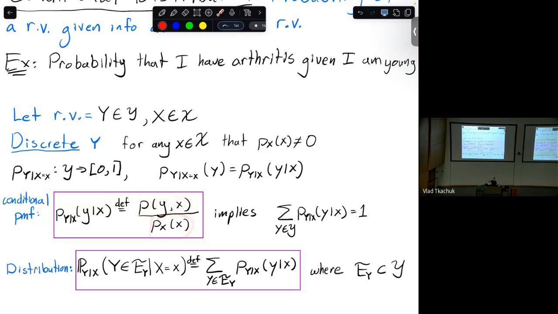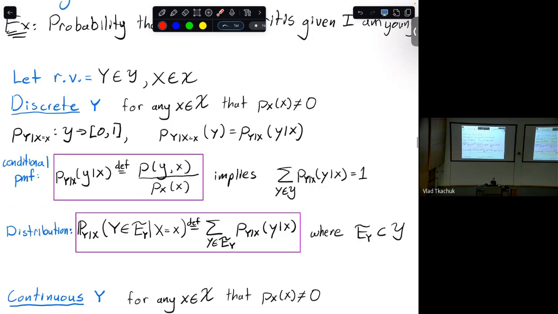Visually this will clarify things, I think, but you should think of it as, I only care about the case where x happened. So I don't care about any of the other x's. I'm going to divide by this smaller probability, and only in that scenario am I going to talk about the cases where y happens. We'll see this in an example in a moment.